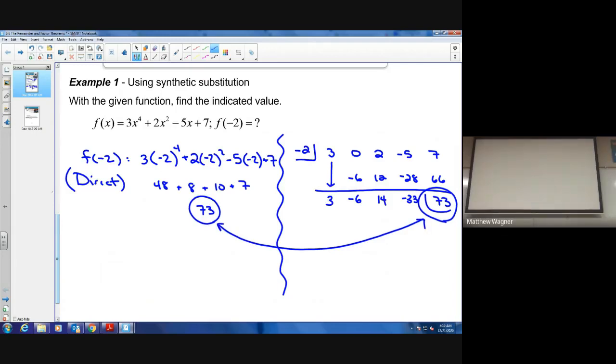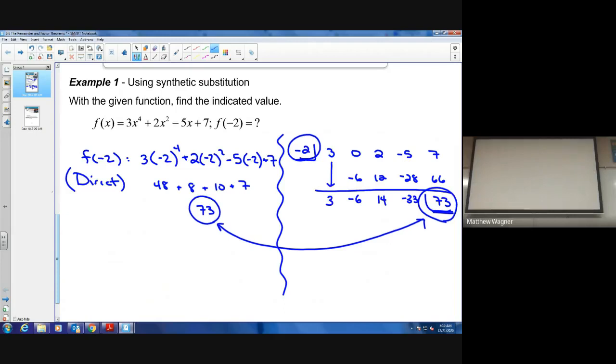All right, so whether we do direct substitution or synthetic substitution, notice we get the same result. The answer, or my function's value at this point, is 73.